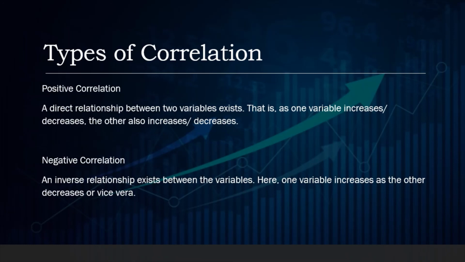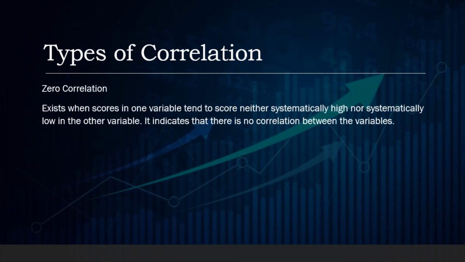Negative correlation. An inverse relationship exists between the variables. Here, one variable increases as the other decreases or vice versa. Zero correlation exists when scores in one variable tend to score neither systematically high nor systematically low in the other variable. It indicates that there is no correlation between the variables.